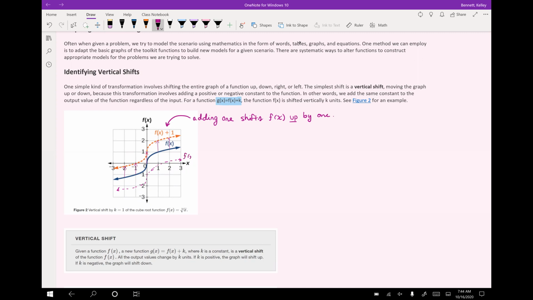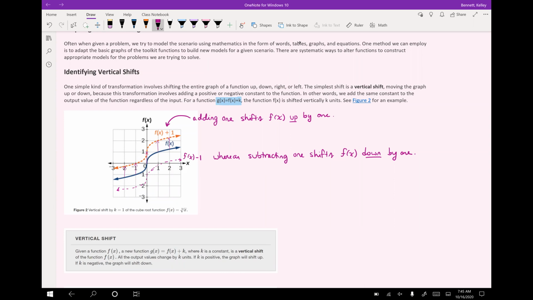So this would be f of x minus 1. Right, so adding 1 will move it up, subtracting 1 will move it down.